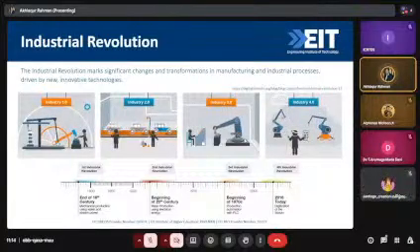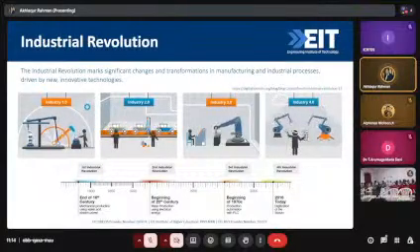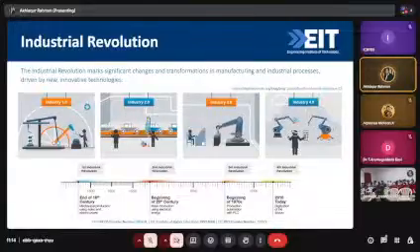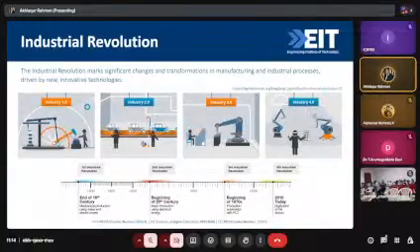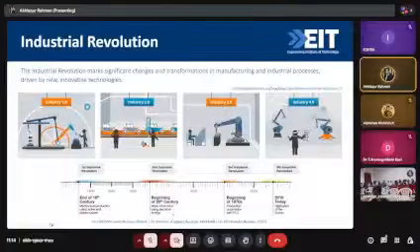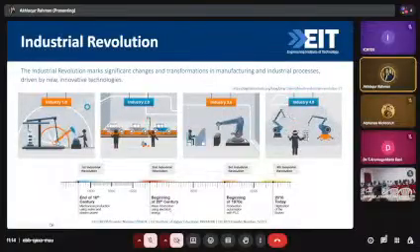Then around 100 years later, around 1890, came the second industrial revolution. Again, that was directed by a new technology, and that was electricity. Electricity came about in the 1890s, and people understood they could do mass production using electrical energy.